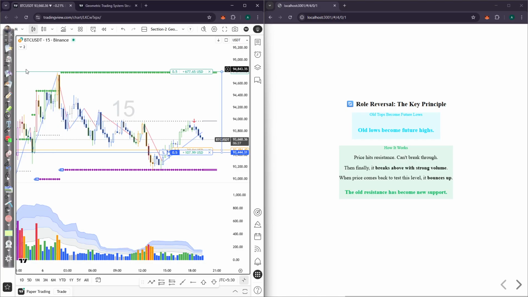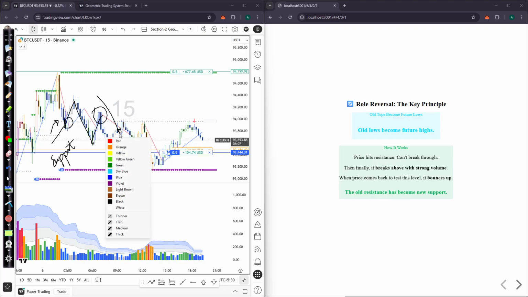You see here, price tries to go up, couldn't go up, so it came down. Then it tries to go up again, couldn't go up, so it came down. So here, if you see, this was support for a short period of time, and then it became resistance as it crosses there, right?